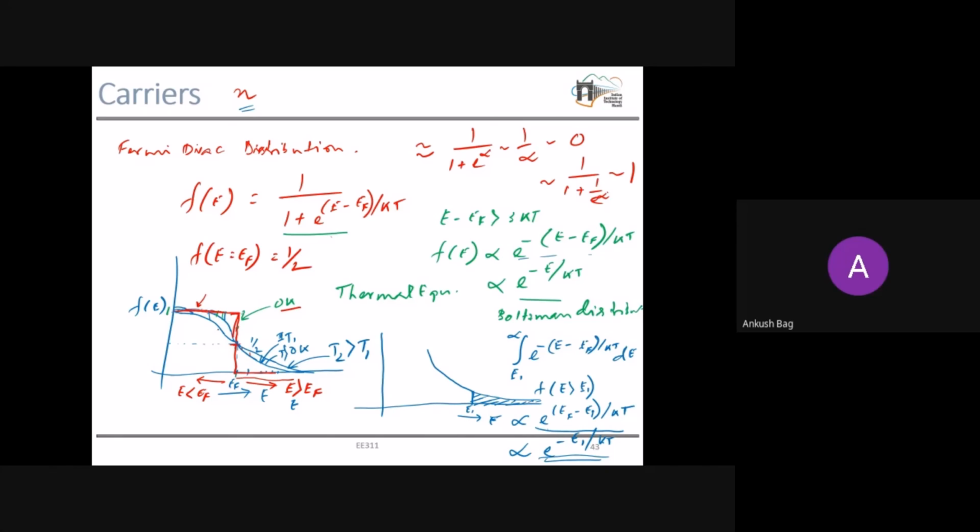At higher temperature we have more carriers, and that is why this distribution is changing. So this is the concept.